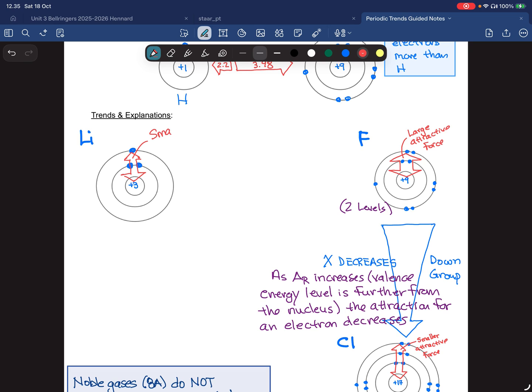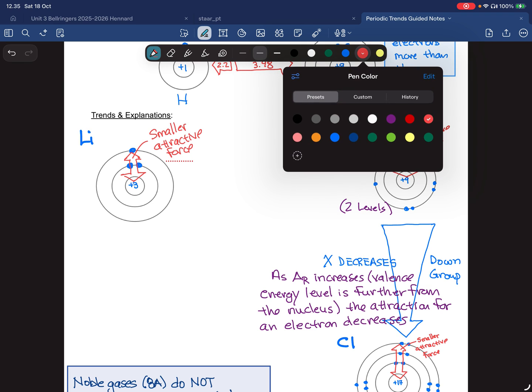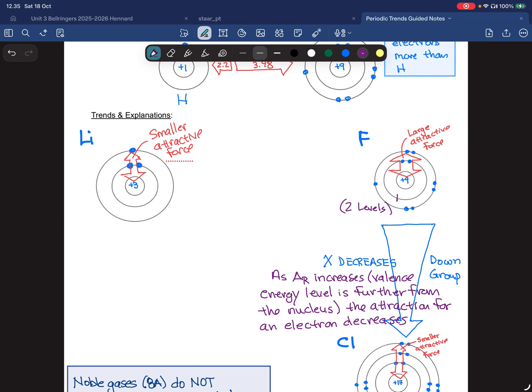So it has a smaller attractive force. And it has exactly the same 2 energy levels as fluorine. So, same energy levels, smaller attractive force.